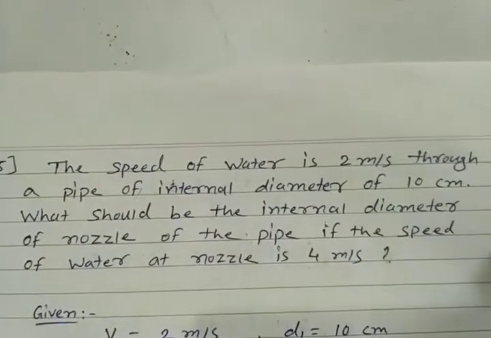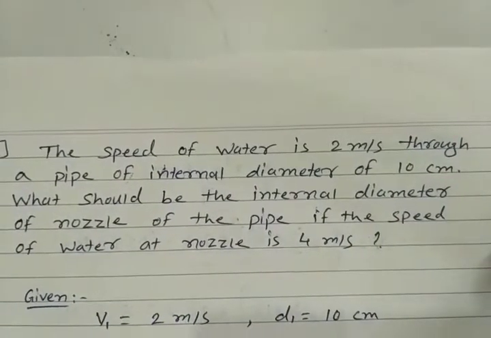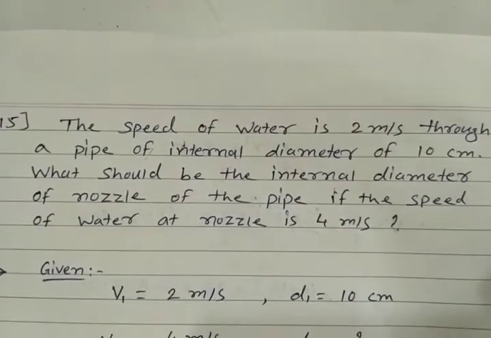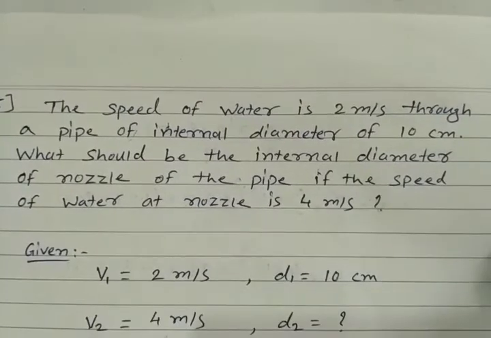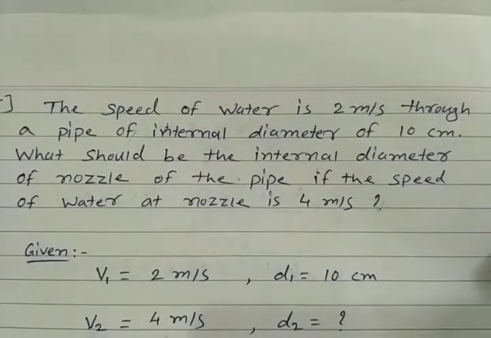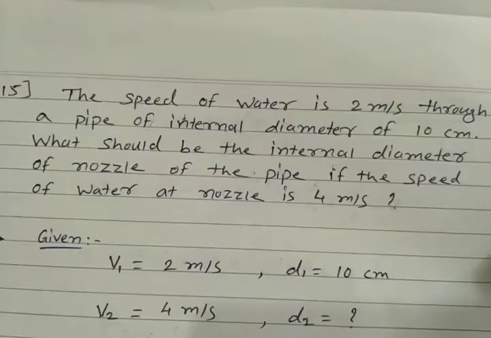Now the 15th numerical. The speed of water is 2 meter per second through a pipe of internal diameter of 10 centimeter. What should be the internal diameter of nozzle of the pipe if the speed of water at nozzle is 4 meter per second?